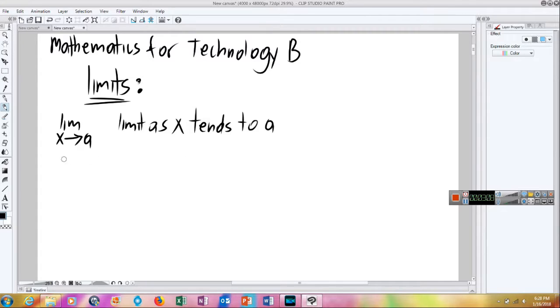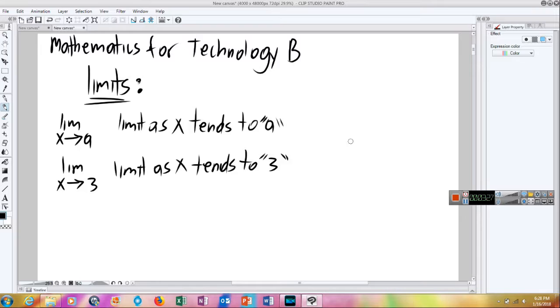So let's use a quick example. So we have the limit as x tends to 3 for the function x plus 3.